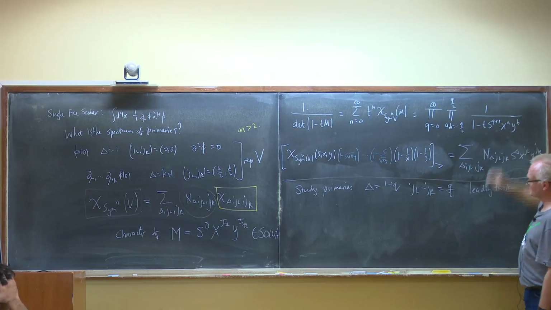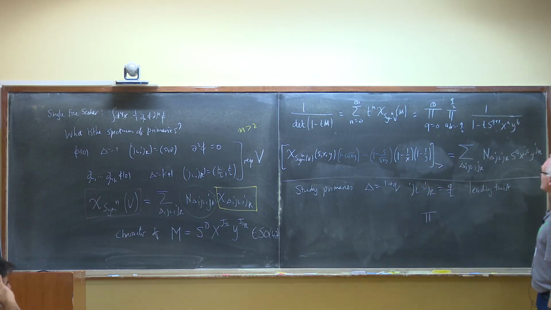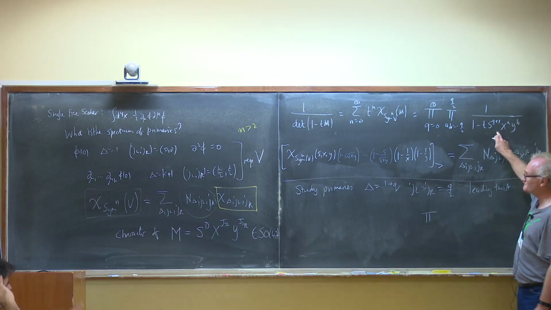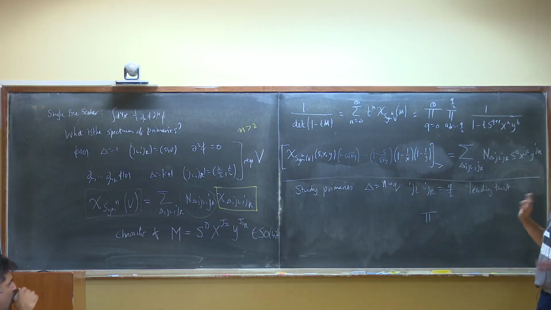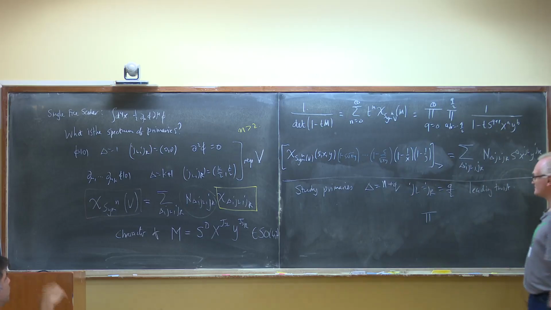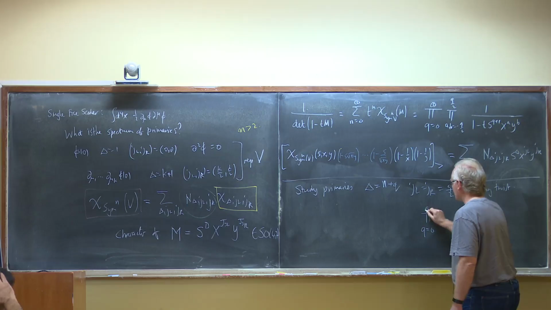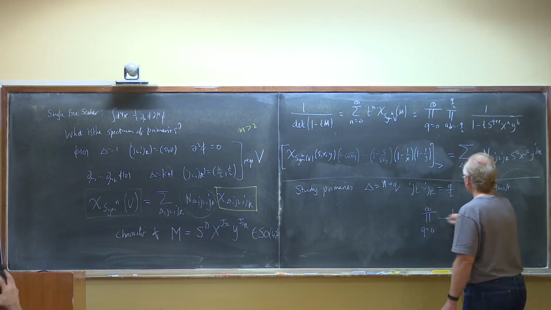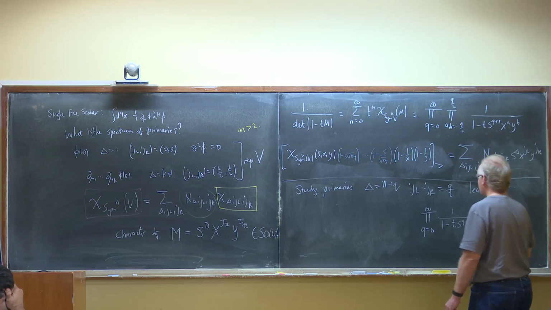So this product simplifies dramatically. So that is n equals 1, right? This is n equals 2. Oh, sorry, 2. Okay. Good. n plus q. And actually, n should be greater than 2 because I haven't worried about null states. So we would have a product from q equal to 0 to infinity, 1 over 1 minus t, s to the q plus 1, x to the q over 2, y to the q over 2.